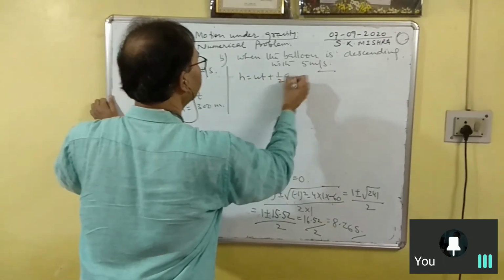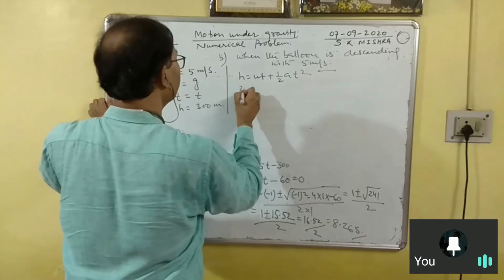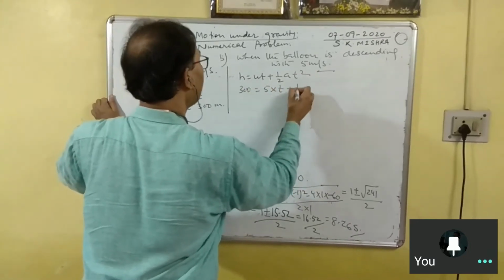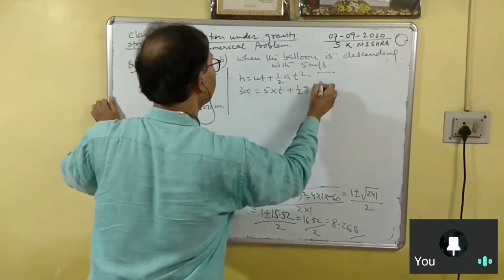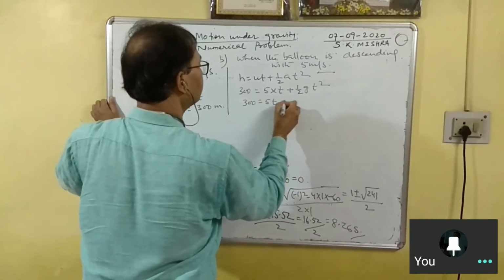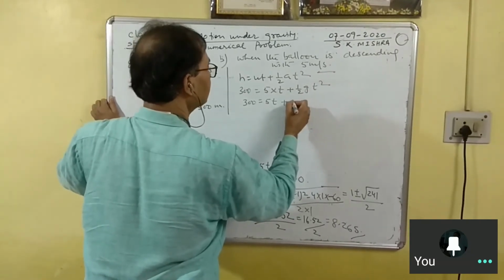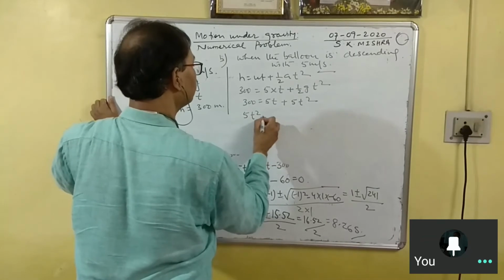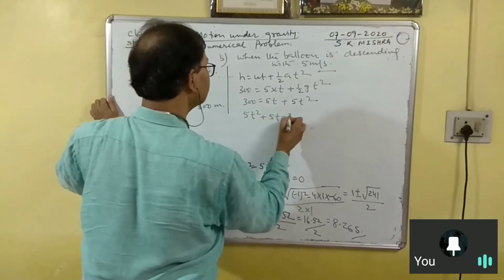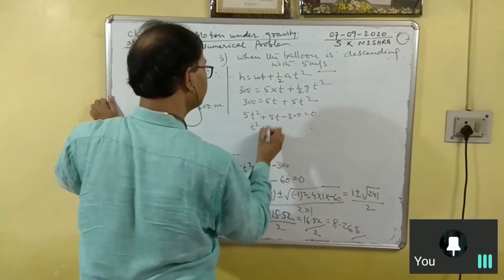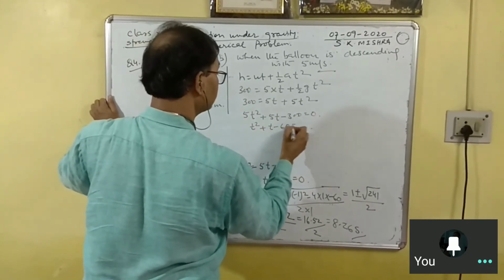H is 300, U is 5, so 300 is 5T plus half GT square, which is 5T square. So 5T square plus 5T minus 300 is equal to 0. So T square plus T minus 60 is equal to 0.